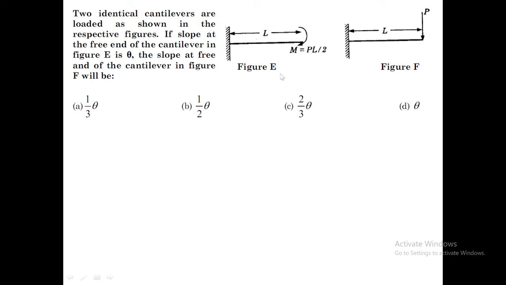Next question: two identical cantilevers are loaded as shown in the respective figures. If the slope at the free end of the cantilever in figure E is theta, what is the slope at the free end in figure F? Figure E has a moment at the free end and figure F has a point load at the free end.